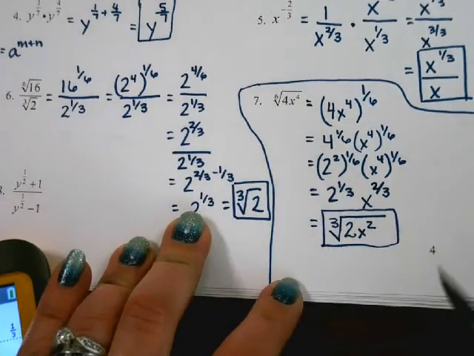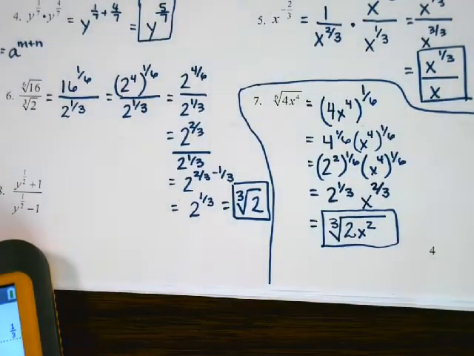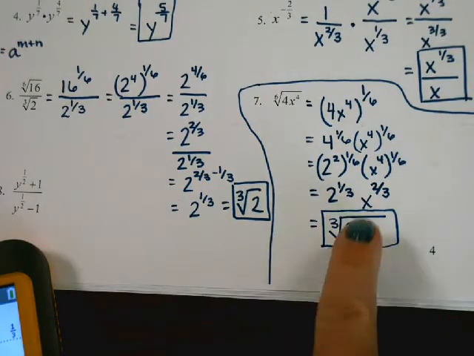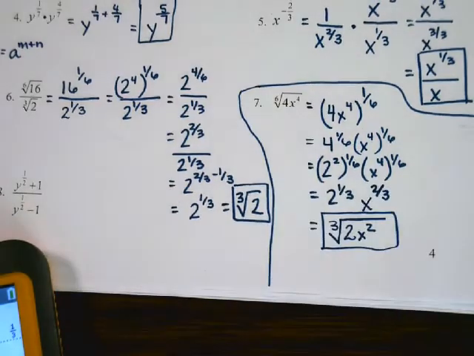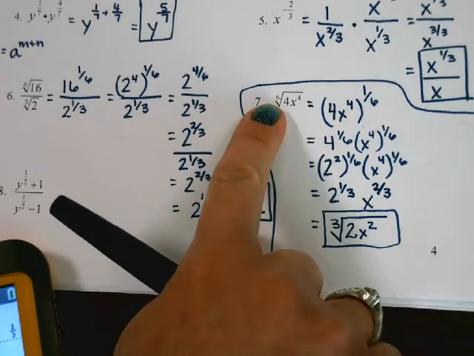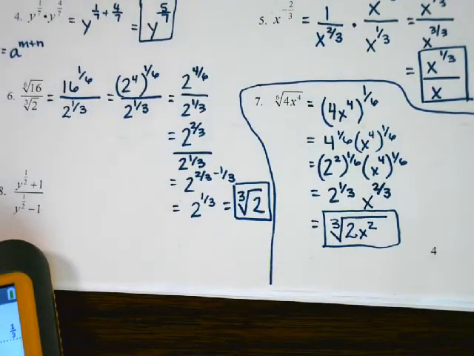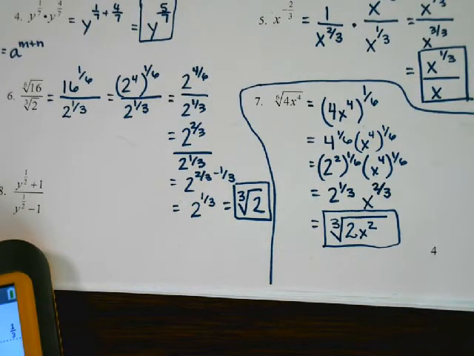So yesterday I said your index has to be as small as you possibly can get it, meaning this is where that comes from. We have to reduce all these fractions as small as we can get them. So we started out with an index of 6, and then we ended up with an index of 3. So we basically just divided the whole thing by 2. We did, but we had to do a whole bunch of math before we get there. That won't always be the case.